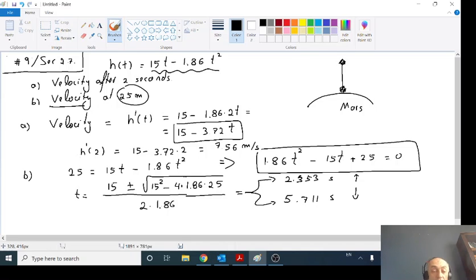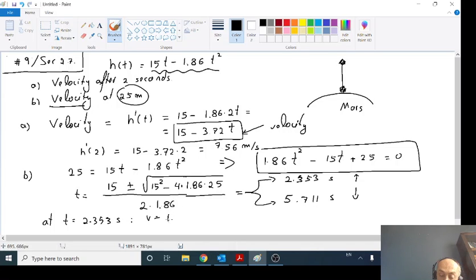25 equals 15t minus 1.86t squared. So that's already given here on the screen, the formula for not this one here. So this is the velocity, and all you have to do is to say velocity at t equal 2.353 seconds.